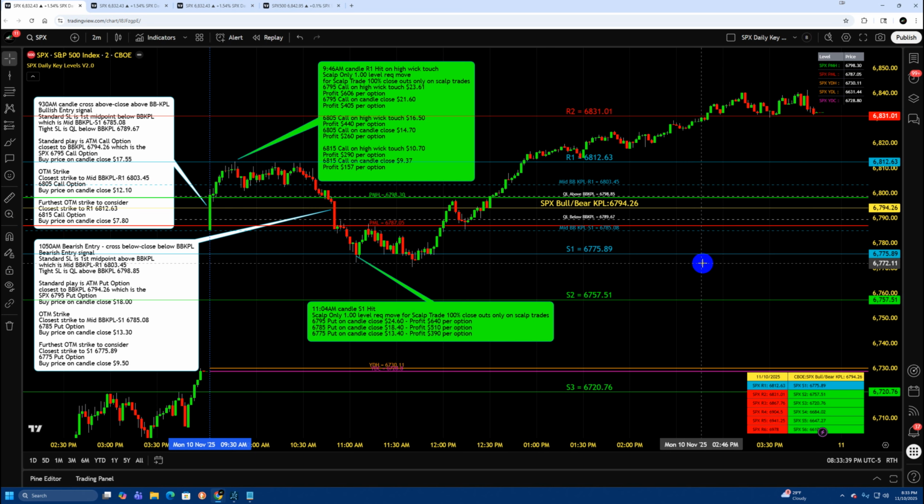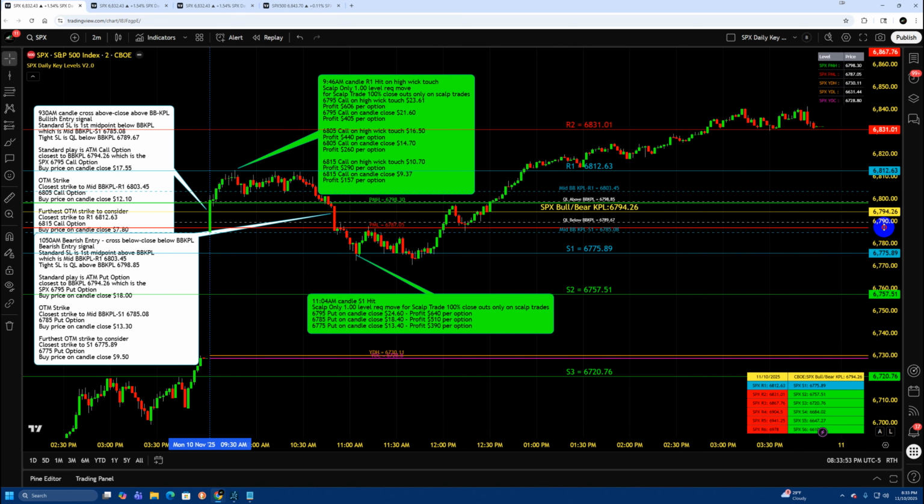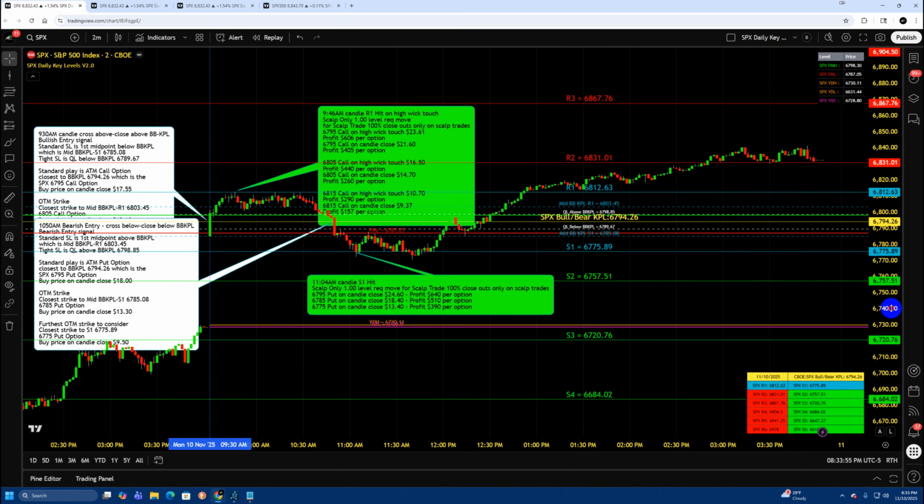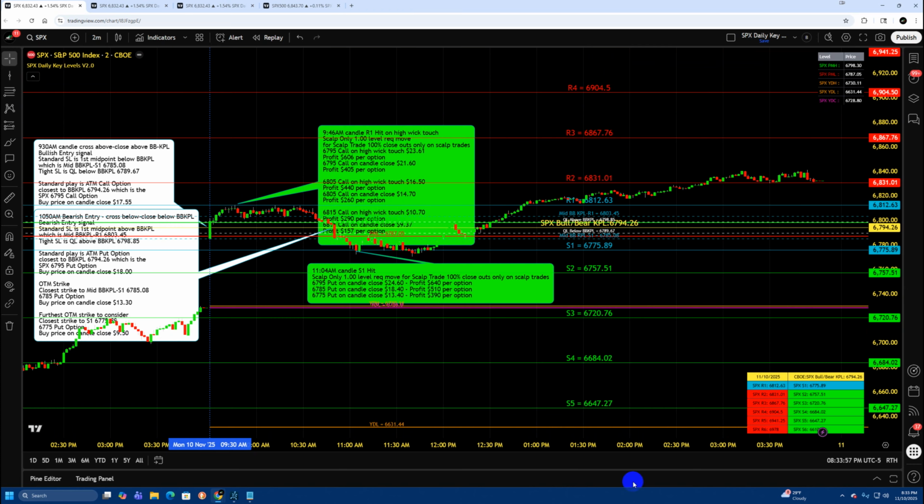The YDC is the previous day's RTH session close, and the YDL is the previous RTH session's low, which you can't see because it's so far below. So if we go down here, then you will see it down here.